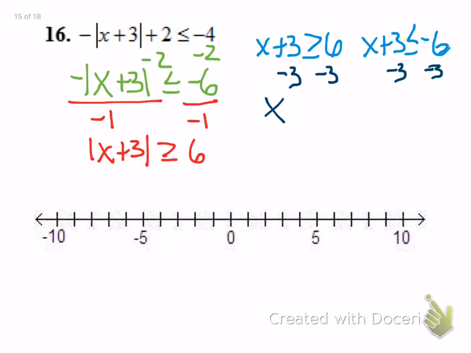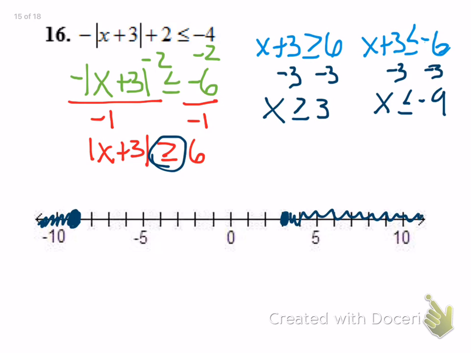I get x is greater than or equal to 3. x is less than or equal to -9. Because right here I had the greater than sign, I know I'm going to be dealing with an or. Closed circle at 3, closed circle at -9, and I'm shading to the left of -9, right of 3.